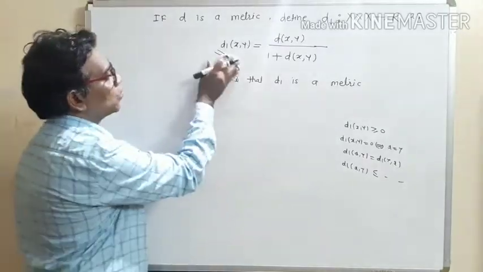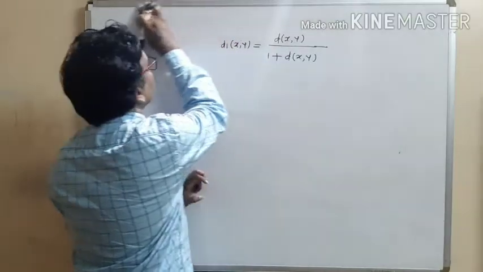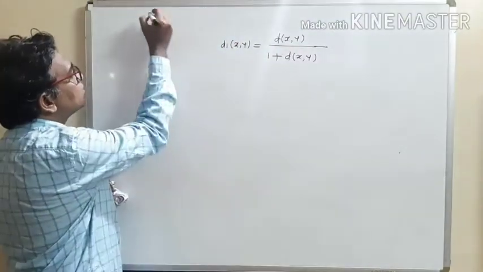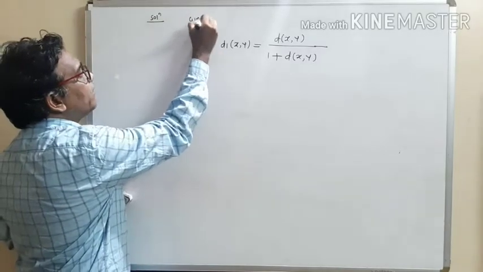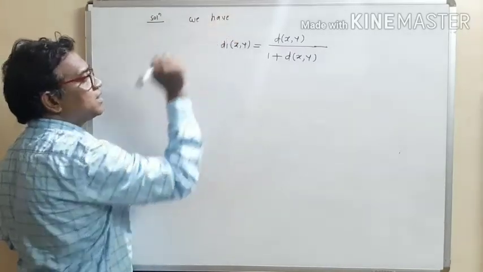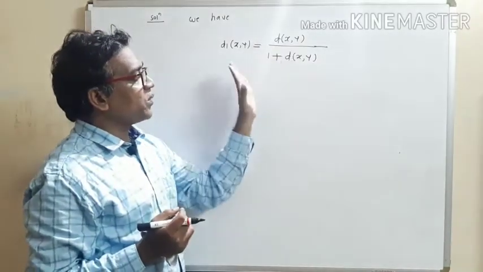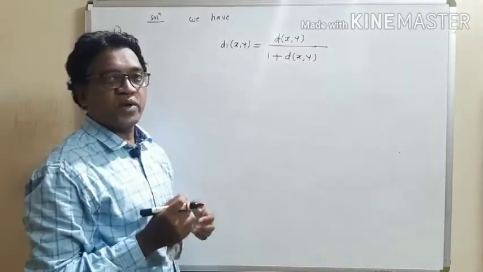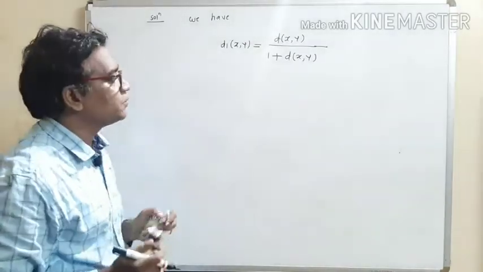So write down the solution. We have this definition, what is given: d1(x,y) is equal to d(x,y) divided by 1 plus d(x,y), and the question is show that d1 is a metric.